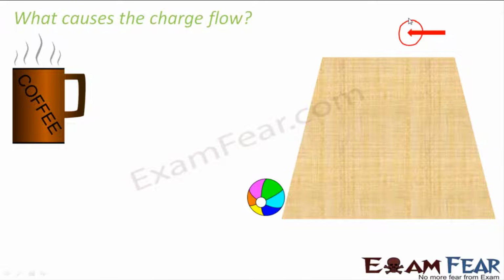Similarly, in the case of a copper wire, for example, why does this piece of copper wire conduct current? I mean, why do the charges flow within this copper wire? Or when will the charge flow inside this copper wire? Charges flow due to a difference in potential between the two ends.